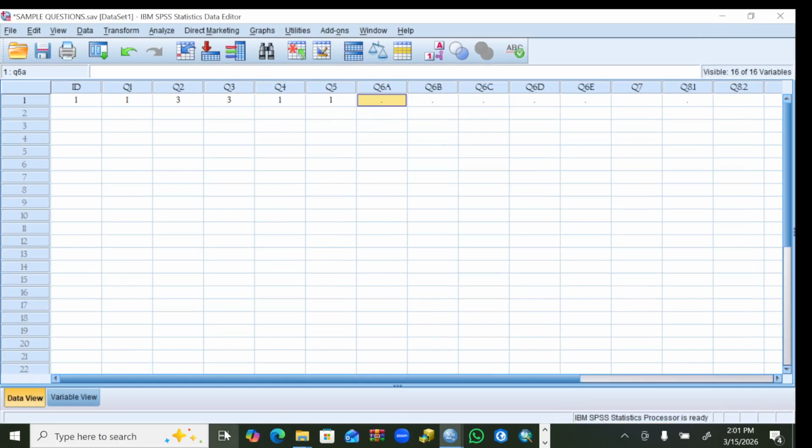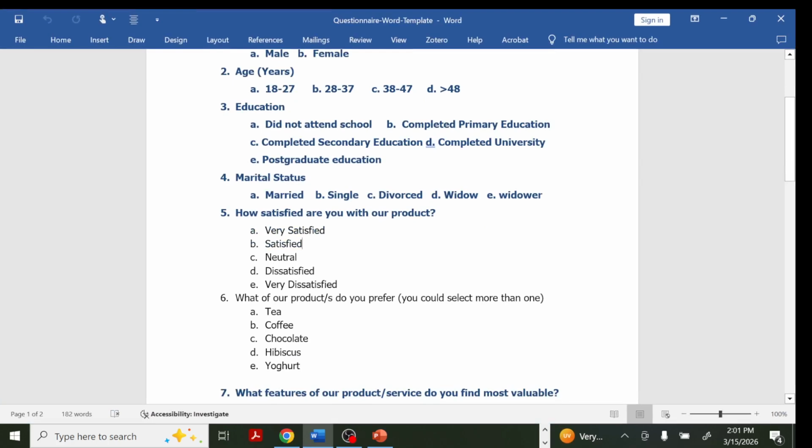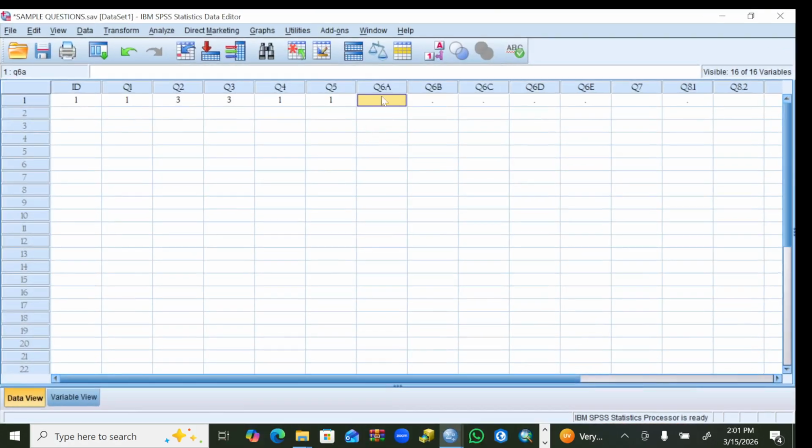Question number 6, what of our product do you prefer? So this is where a respondent will select more than one option. I told you about this, and we actually explored how to code for this type of question. So let me say he will select number 1 and number 5. So for the first one, if he selected number 1, we'll say 1, which is yes.